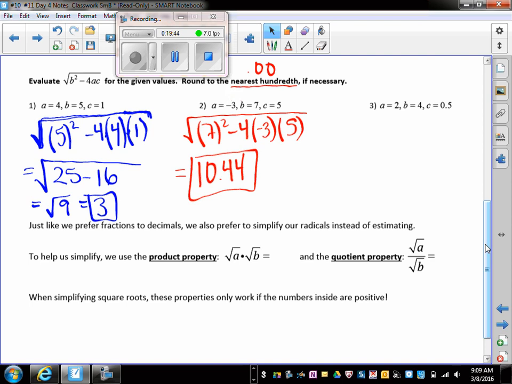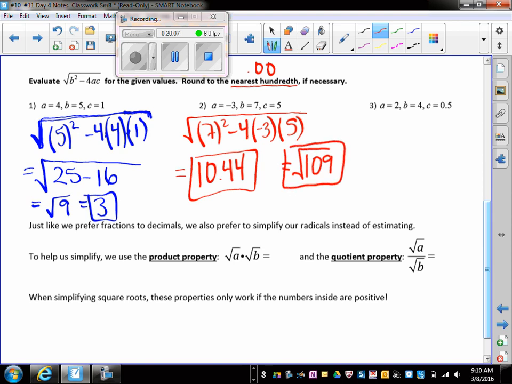Okay, so just like we prefer fractions over decimals, we don't ever want a decimal answer, we want the fraction answer. We also prefer to simplify our radicals instead of estimating. Because when I punch this into my calculator and get a decimal, 10.44, that's not the exact value. The exact value is actually, if we were to reduce this here, square root of 109.